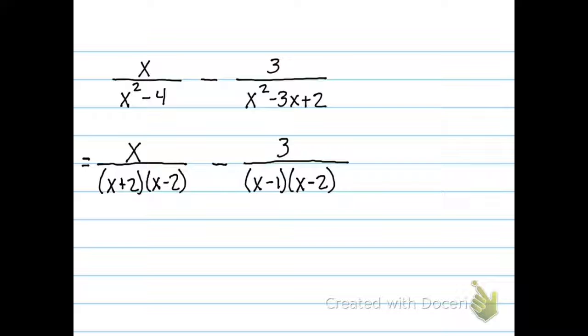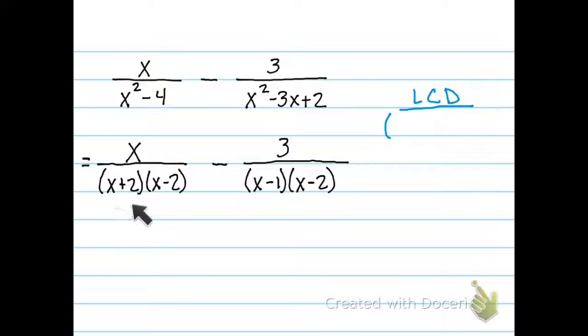All right. And so we have both denominators factored completely. And so now we need to determine what the least common denominator is. And so, again, I'm going to go through each denominator, and I'm going to write down each factor that we see.